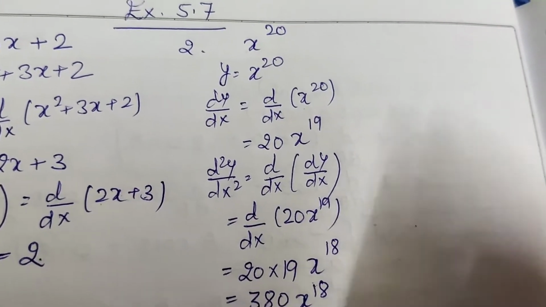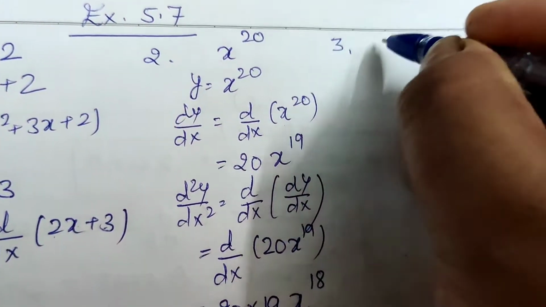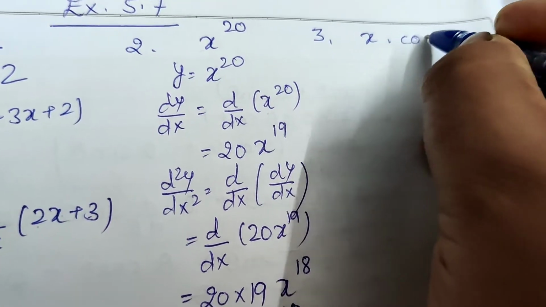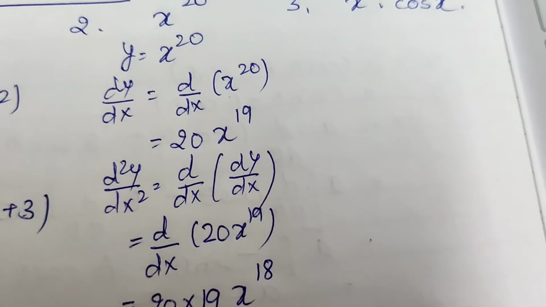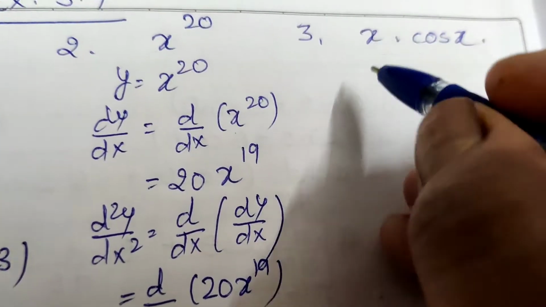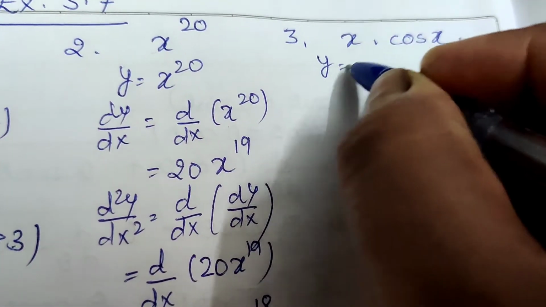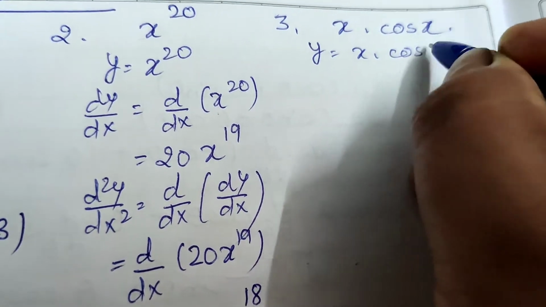And the third question is x into cos x. The differentiation is by using the product formula. It is y equal to x dot cos x.